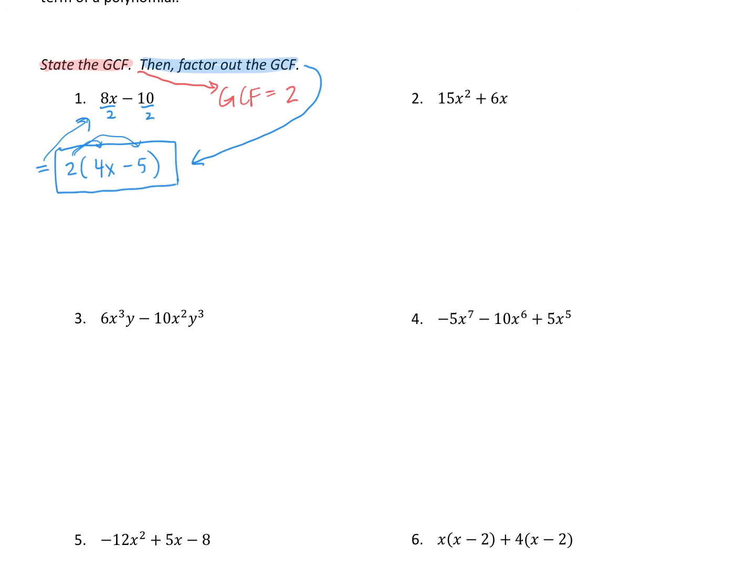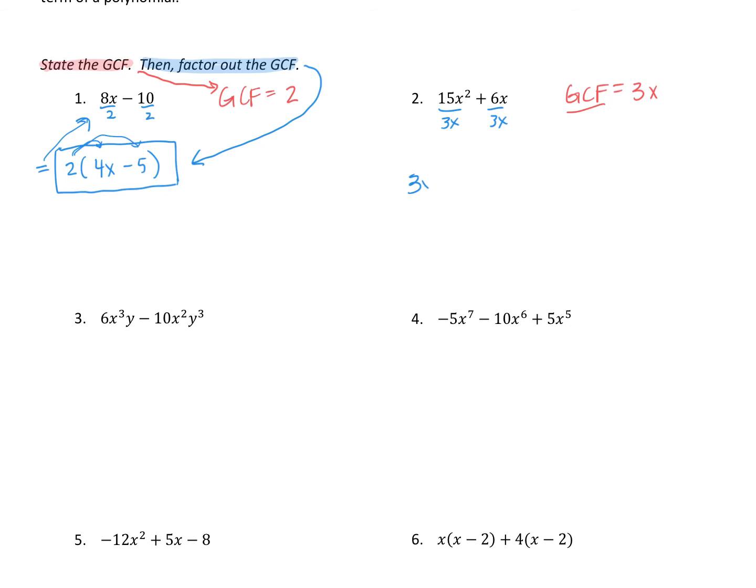So let's look at number 2. What do these have in common? What is the GCF? So I think the GCF is 3. And then I also see that they both have an x in common. So I'm going to say the GCF is 3x. So I'm going to divide 3x out of both.